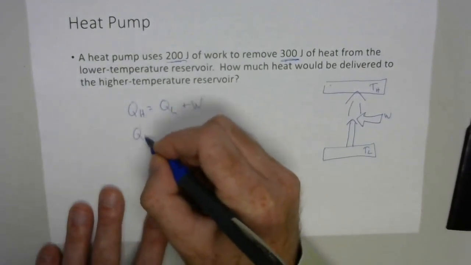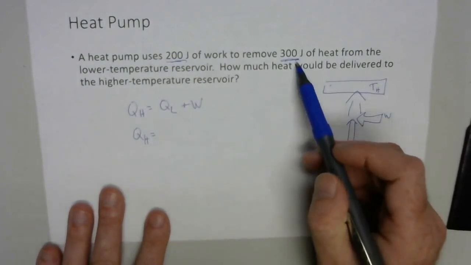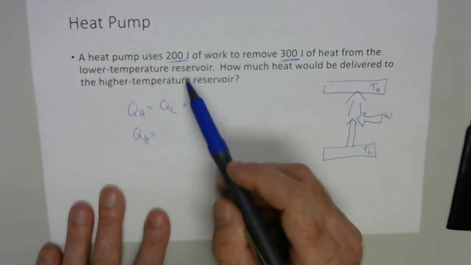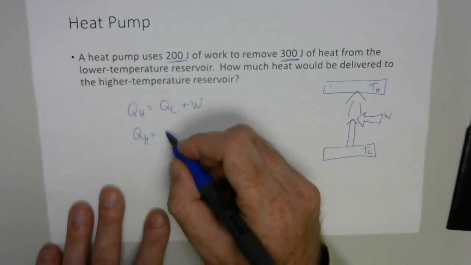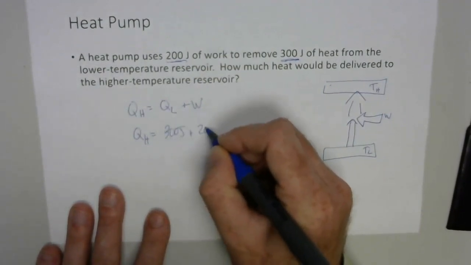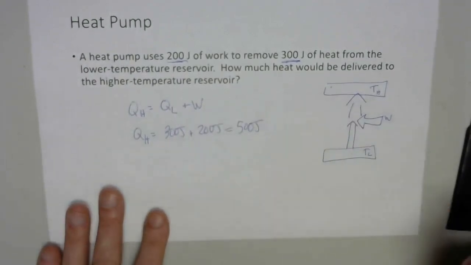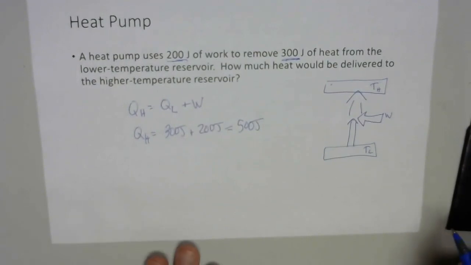So to remove 300 joules of heat from the lower temperature reservoir, and I do that much work, you're just going to have to add them together. So I would add 500 joules of heat to the higher temperature reservoir, or I would impart that amount to the inside.